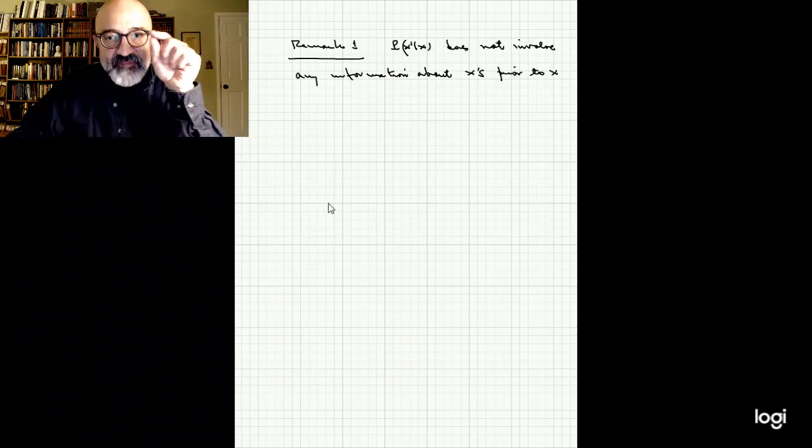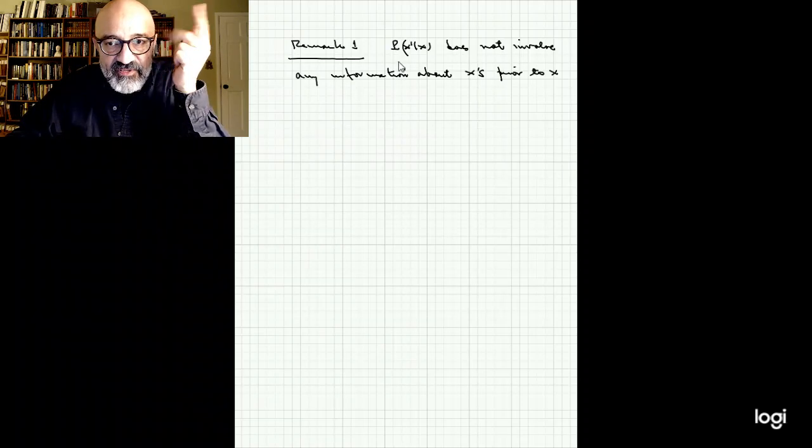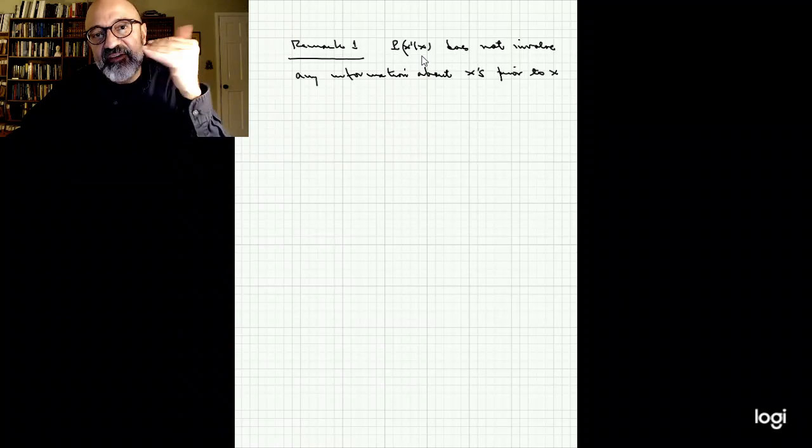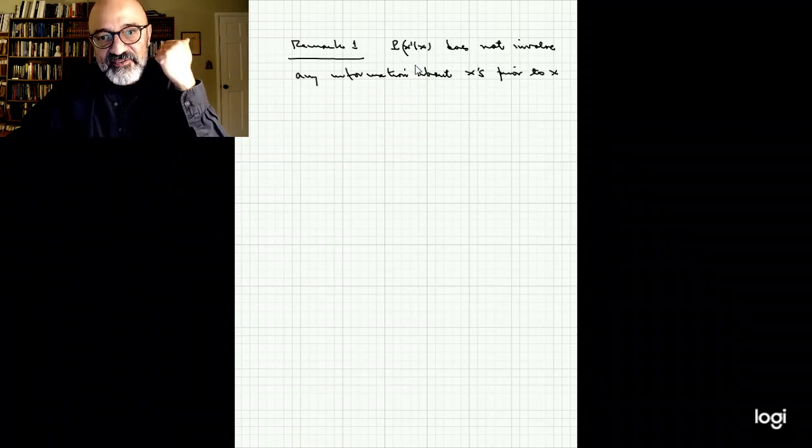In other words, the information that we have imposed in order to find x prime depends only on the x and not on anything prior to x. The prior history of the system is not relevant.